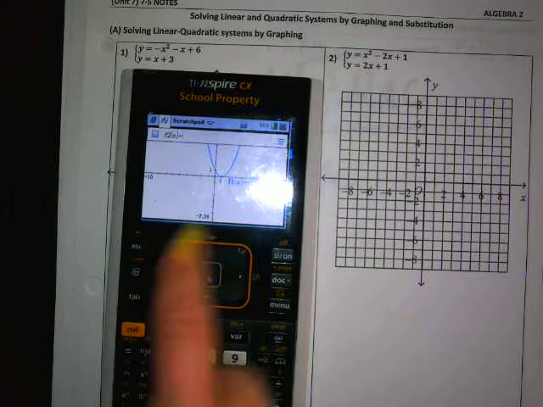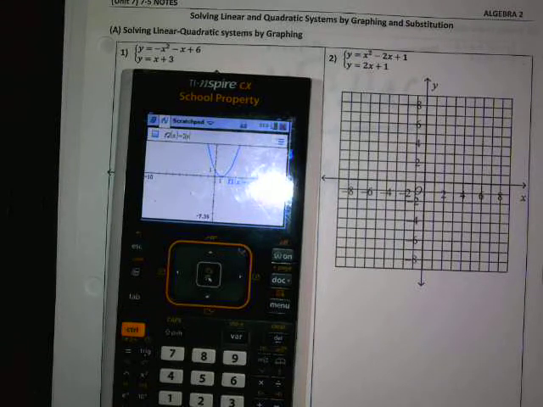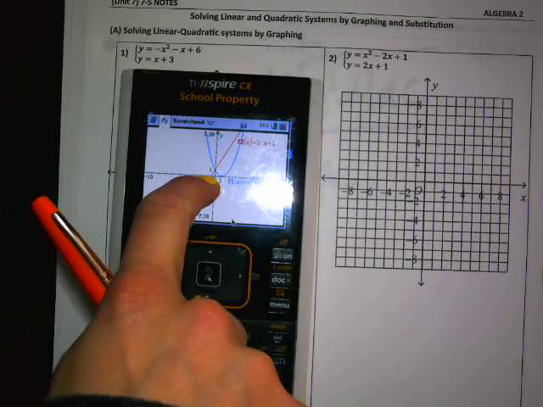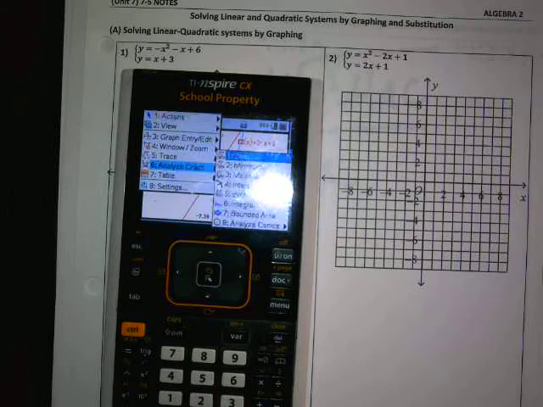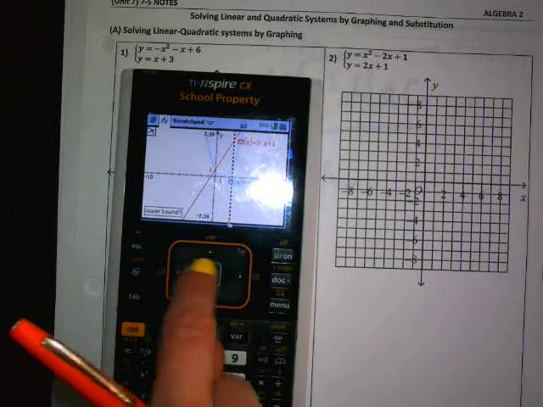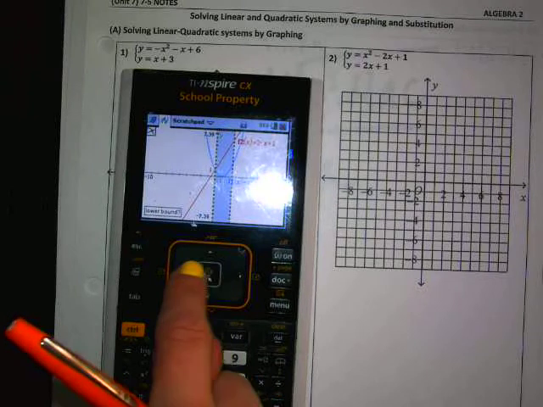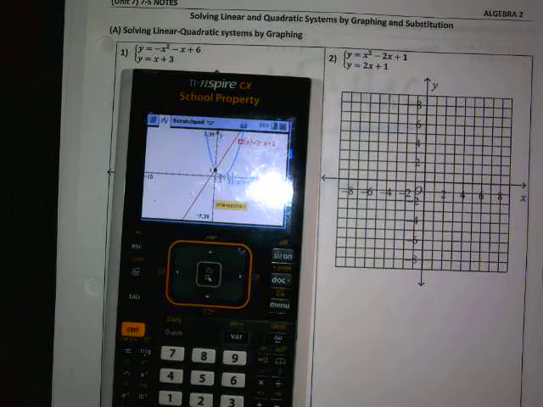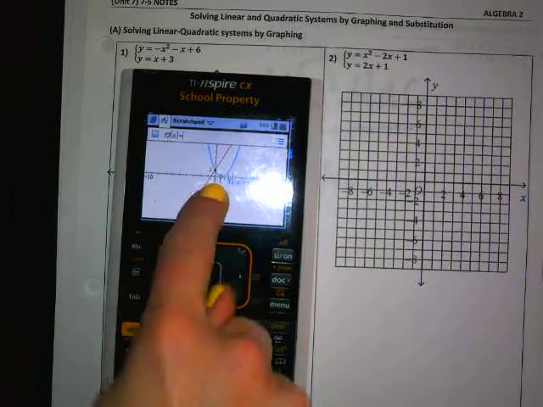Press tab. Type in the other one, 2x plus 1. Hit enter. On this one, this point right here is pretty obvious where it intersects. We do know that this point here is at 0, 1.